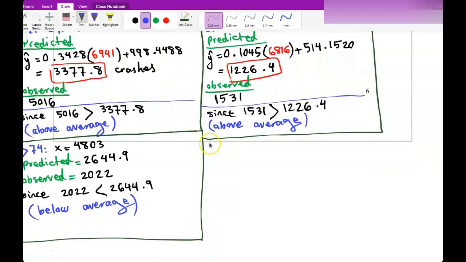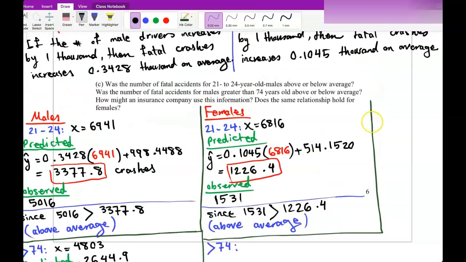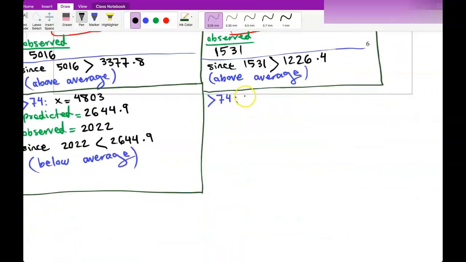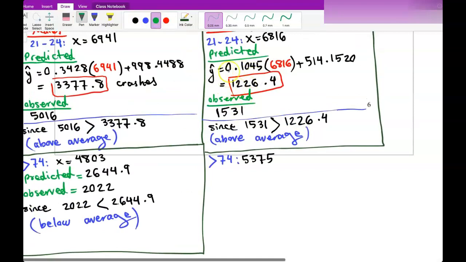Now for this age group, X is 5,375. So exactly same as this part, finding predicted. Now instead of X, we have this number 5,375 here on that part. Find Y hat.